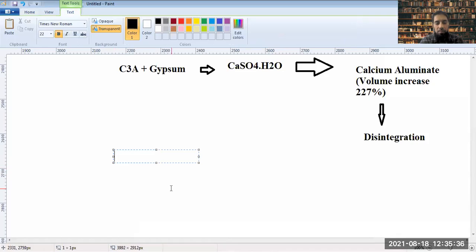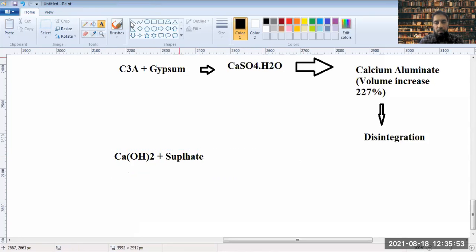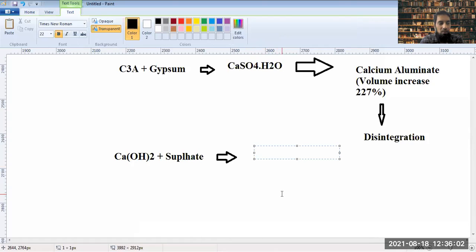So there is one more product which I discussed already. Calcium hydroxide is also produced during the clinkering stage of the cement, so it's also present within the cement. Once that reacts with sulfates, that leads to production of gypsum.